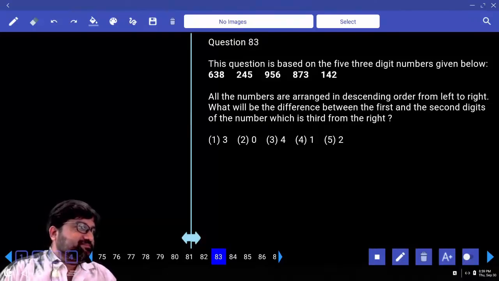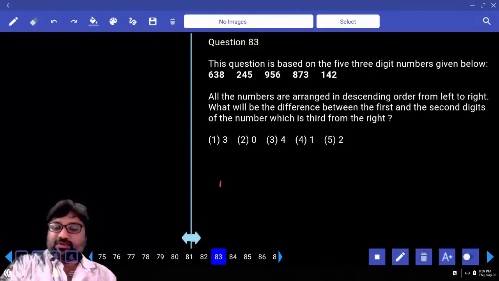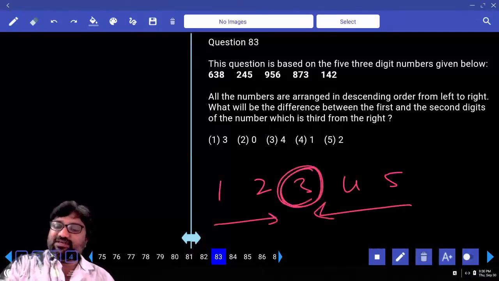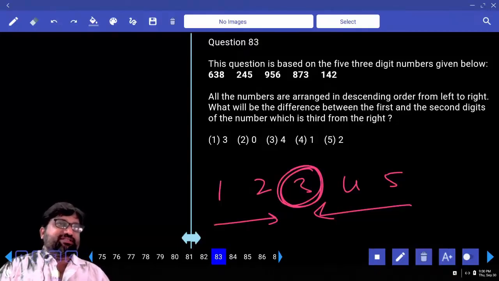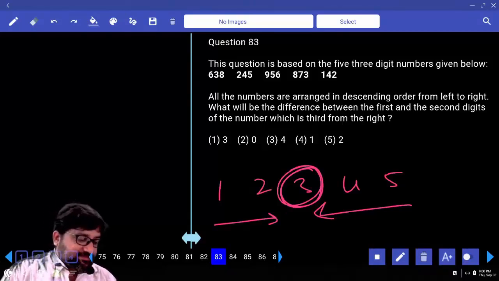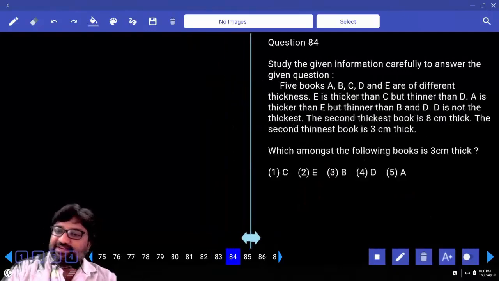Done. Yes or no? 1, 2, 3, 4, 5. Third from right or third from left is always this third number. When you are arranging in descending order, you should go for the third highest number. Understood? Chalo. Let's go for the next question, 84 to 85.